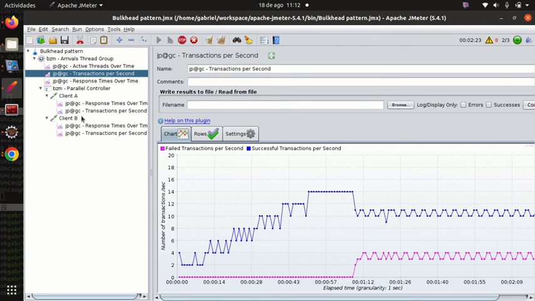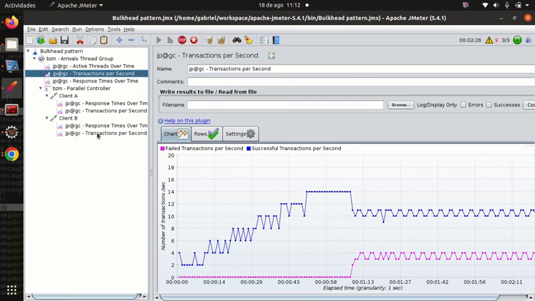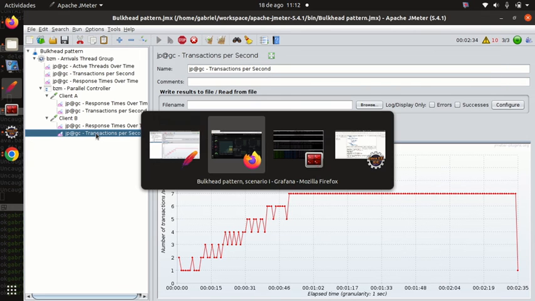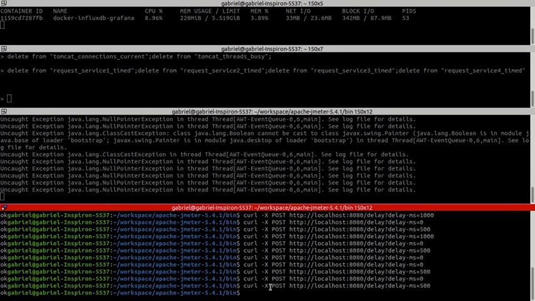And these are the transactions of client B. Client B has not been affected by the problem, but we already know that with a delay of 500 milliseconds, client B has no impact. So let's put a 1 minute delay on service 2 and let's see what happens.